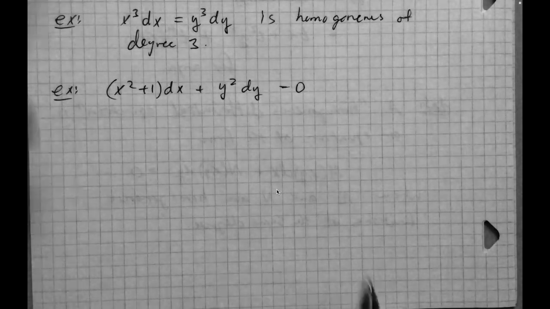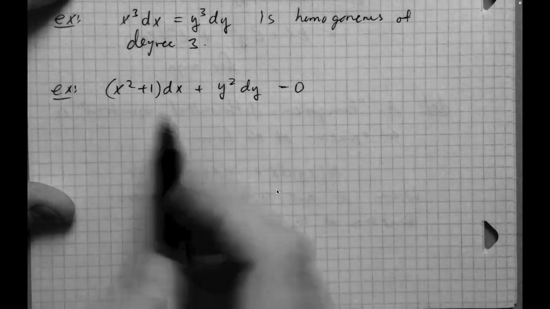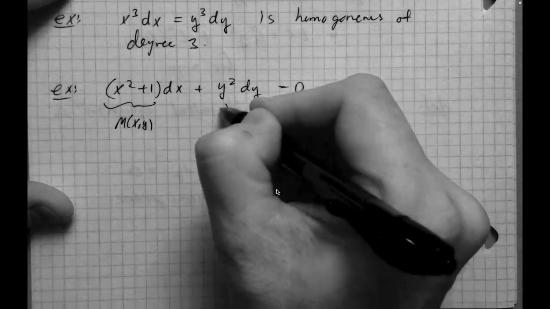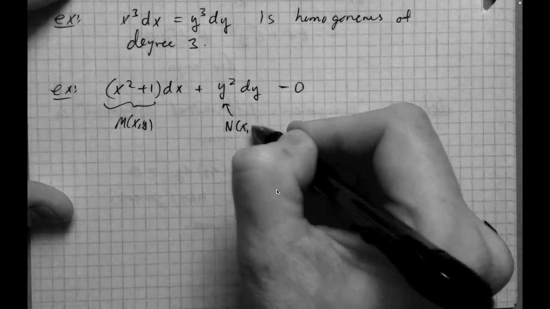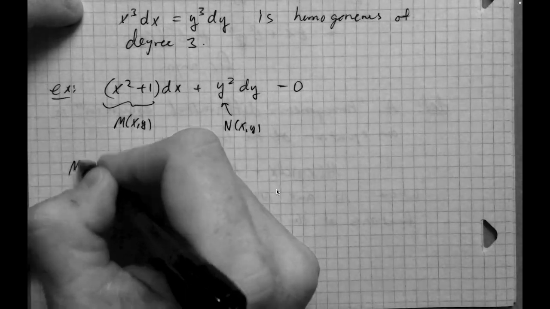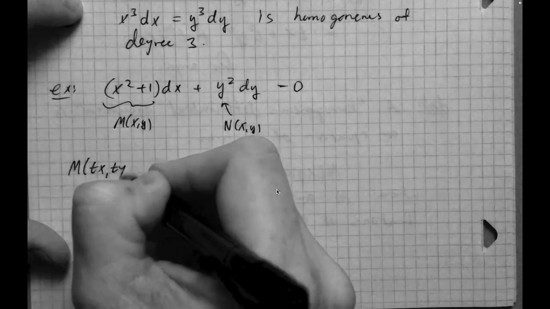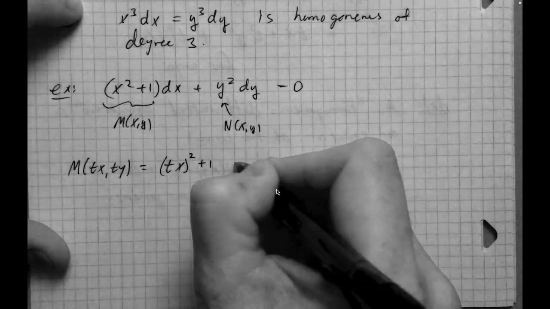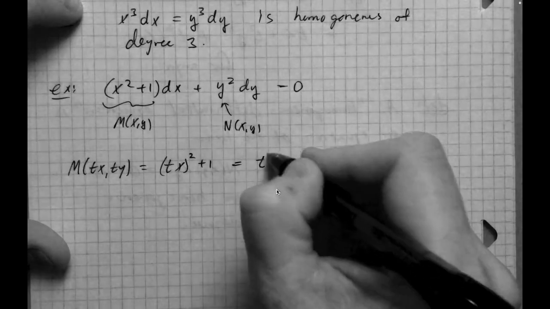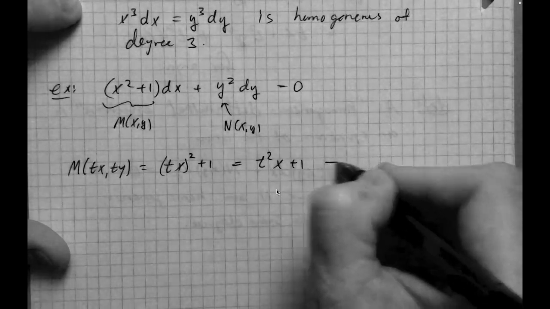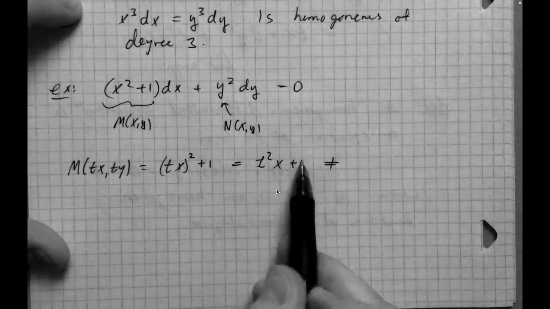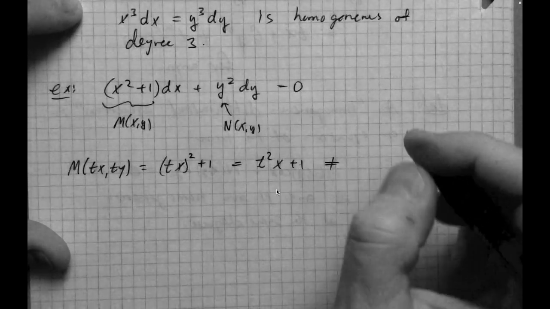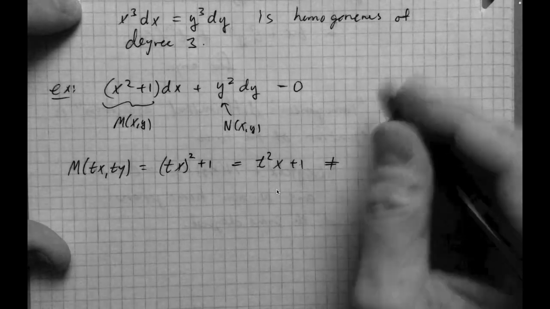Okay, so let's see. Is this a homogeneous differential equation? Well, let's call this our m of xy, and this our n of xy. And so m of tx, ty would be tx squared plus 1, which is t squared x squared plus 1, which, again, you've got two terms here, and t is not in both terms, so you can't factor a t out, or a t squared out in this case.